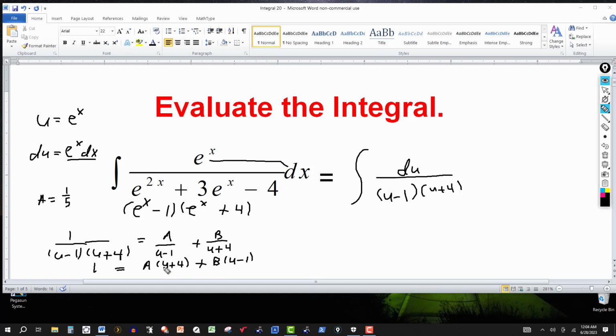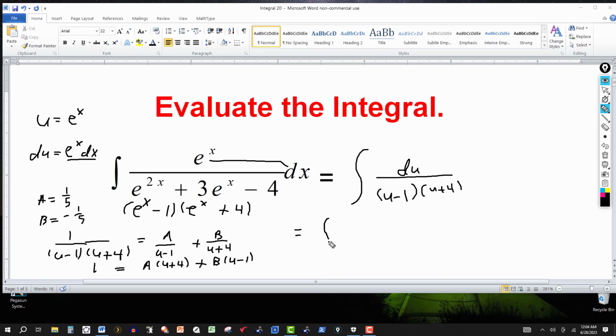And then if I let u equal -4, the A would cancel, and I had -4 minus 1, so B times -5 is equal to 1. So solving for B, I get B is equal to -1/5.